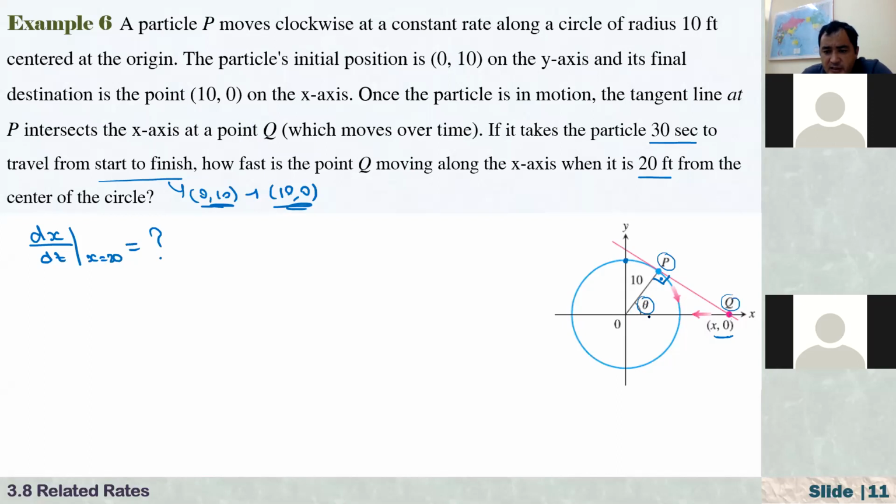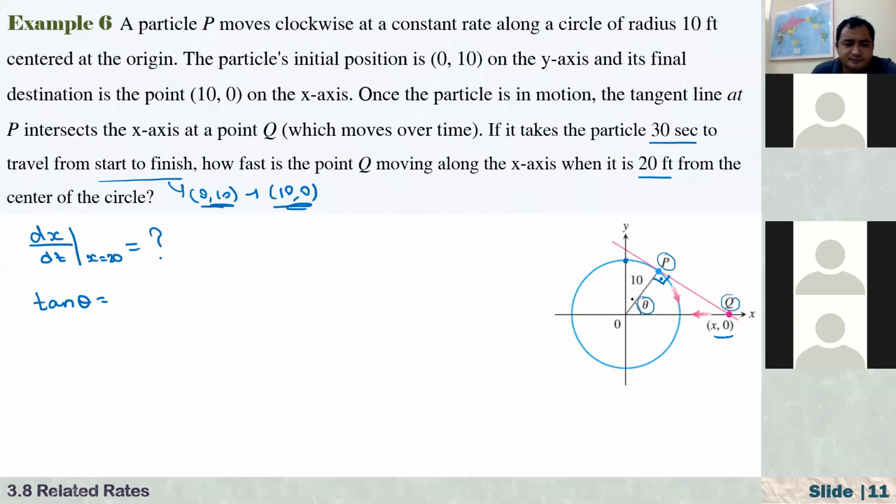Okay, so that means I can write the tangent function. Then what is tangent of theta? Tangent of theta is equal to, in the right angle triangle, opposite side over adjacent side. Actually, I don't need the opposite side. I need the base, the x. So what is adjacent side over hypotenuse?